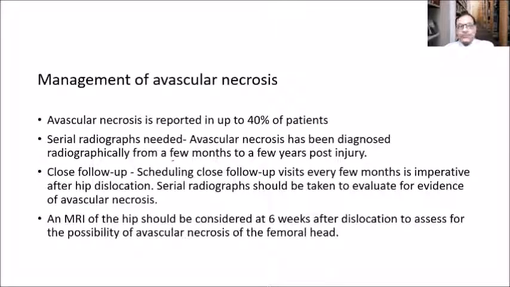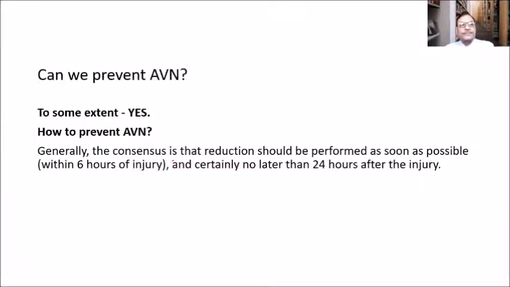To know that, serial radiographs are needed, and it is apparent after a few months. So close follow-up is a must, and in many hospitals there is a protocol that you take an MRI after 6 weeks of the dislocation to rule out or confirm the possibility of avascular necrosis.